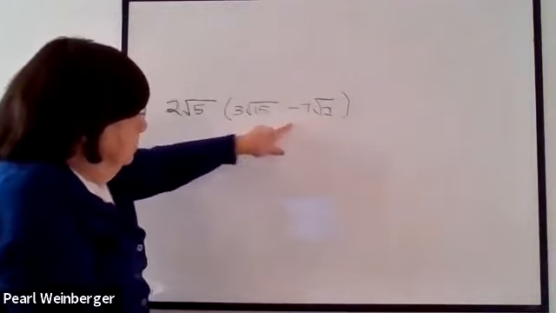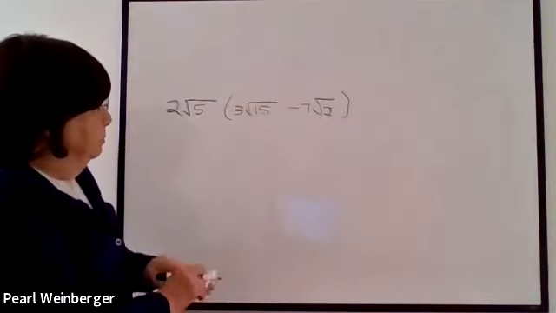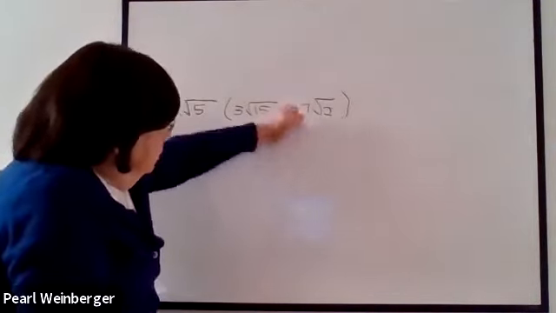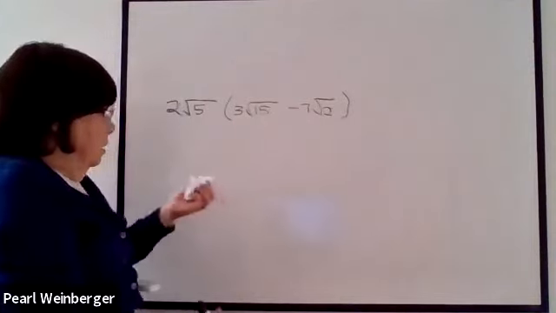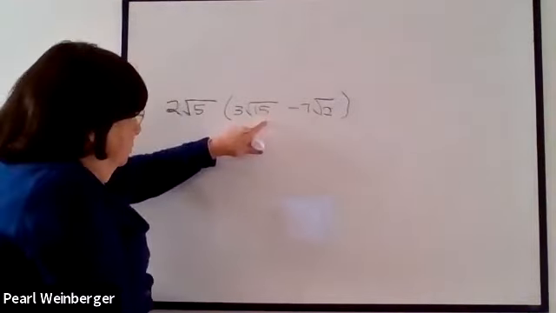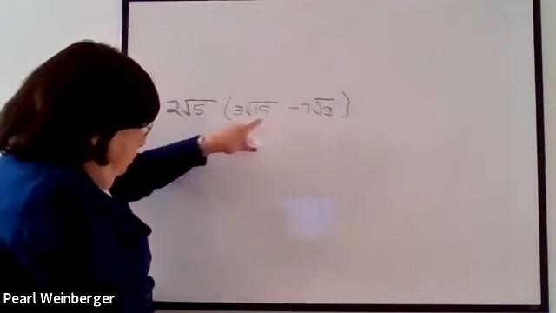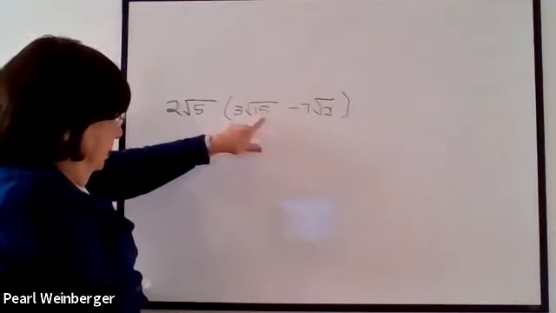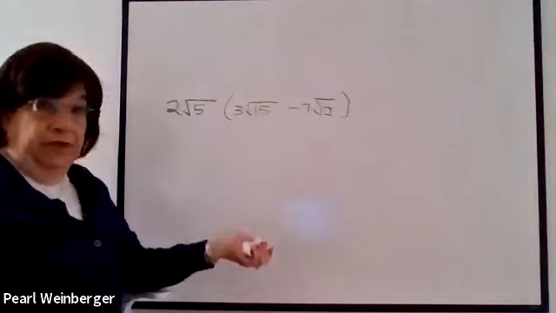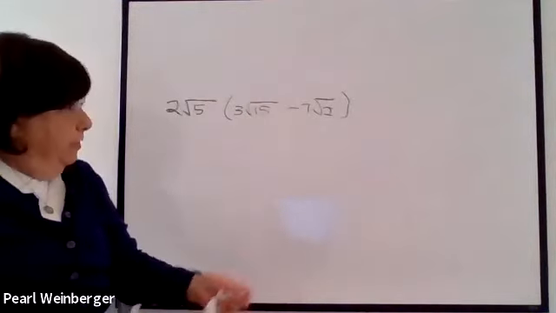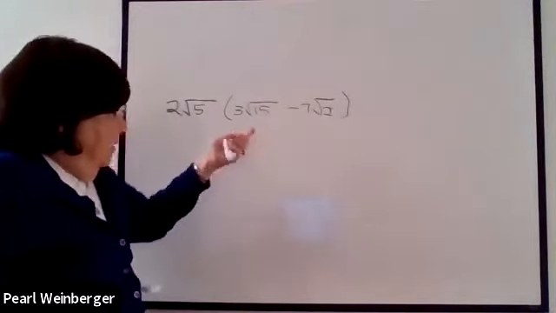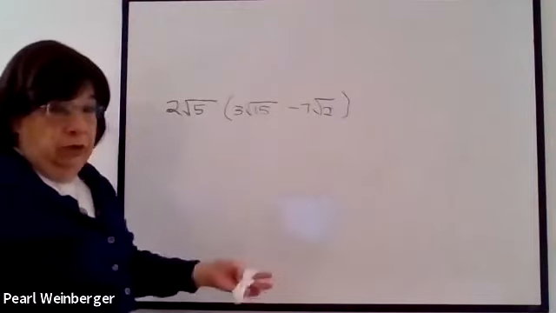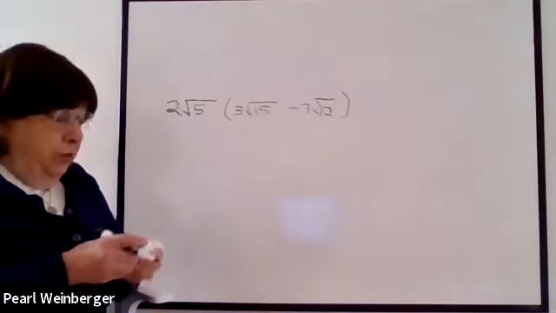The first thing would be to try to simplify and see if you could combine the radicals, but you can't because you can't simplify 15. The only thing 15 becomes is 5 and 3, and neither of those is a perfect square, and 2 is just as simple as you can get.